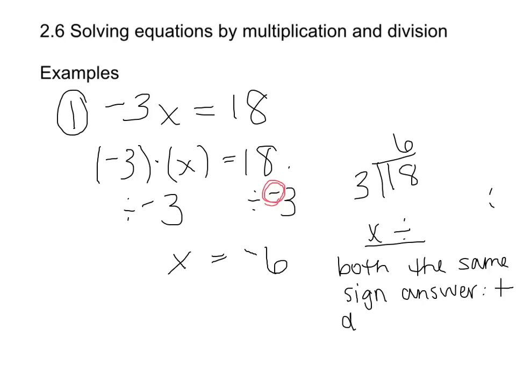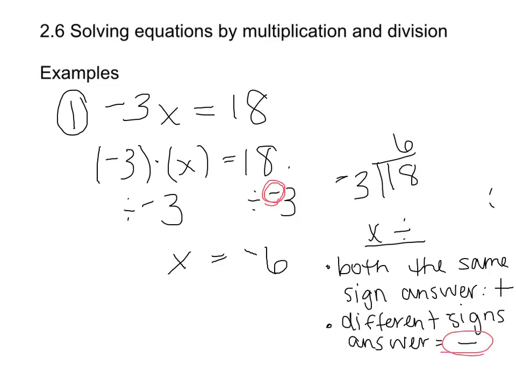If they are different signs, the answer is negative. This is what we need to know when we are multiplying or dividing integers. So I have a positive 18 divided by a negative 3, opposite signs, so my answer is going to be negative. All right, let's try another one.